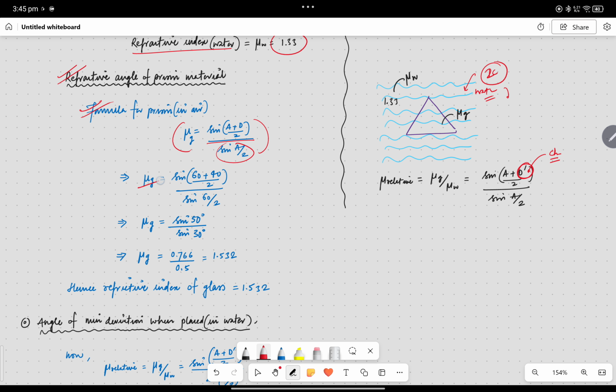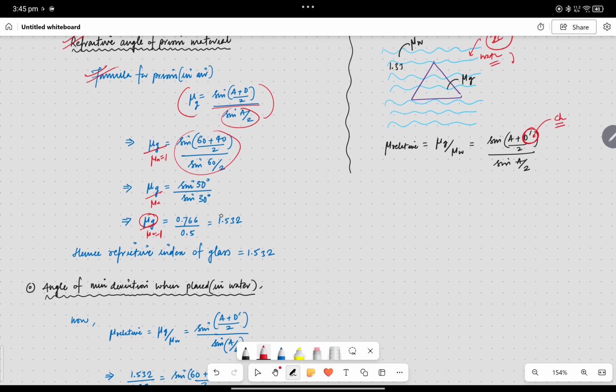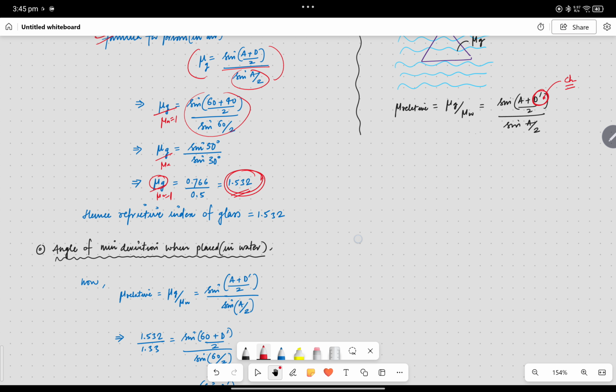Then it is mu g by mu a, and mu a is equal to 1, that's why it is mu g. After calculating this, you get 1.532 as the numerical value of the refractive index, right? That is unitless. Hence the refractive index of the glass is 1.532, that we have calculated.